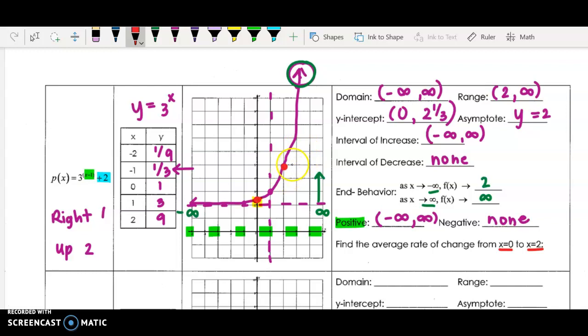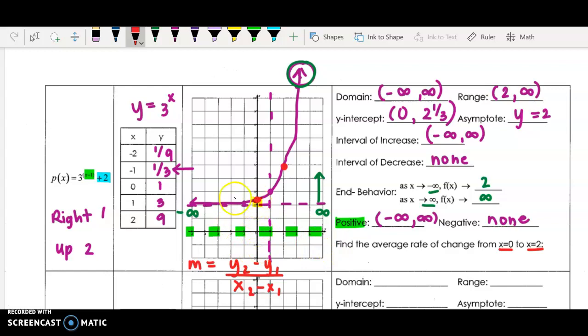So this is going to be a little bit tricky because we're working with fractions. So I'm going to use the formula for slope. Slope is y2 minus y1 over x2 minus x1.